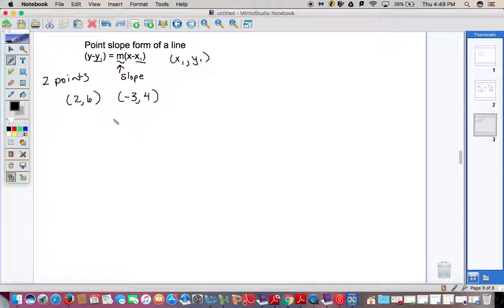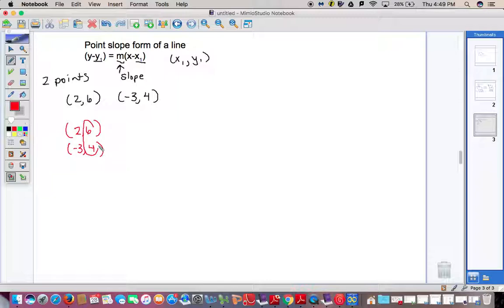So our first step is we need a slope. And you know how to come up with a slope between these 2 ordered pairs, (2, 6) and (-3, 4). Again, my suggestion is to stack and subtract. It's not like law or anything, but that would be my strong suggestion.